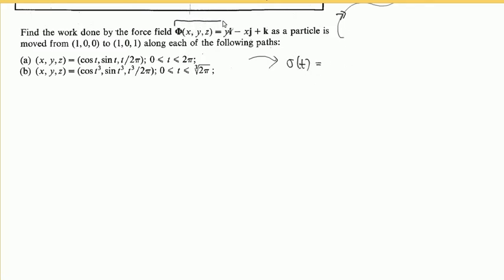There's a vector field. Write that down. This is going to be an exercise. Vector field is y i minus x plus x j plus k.